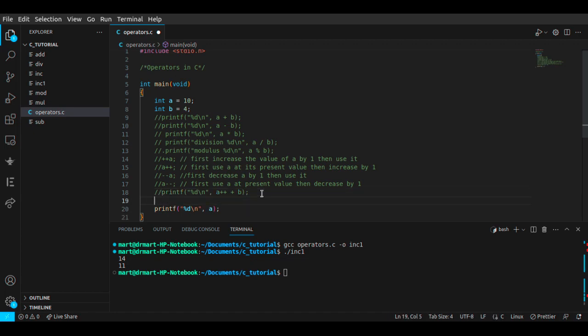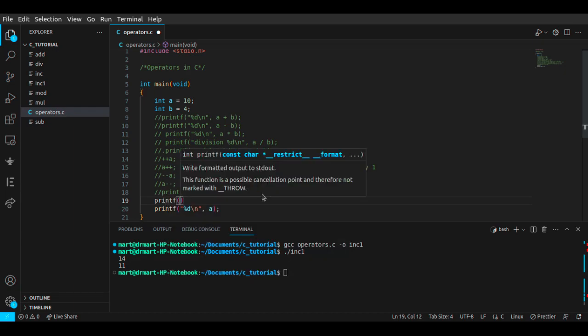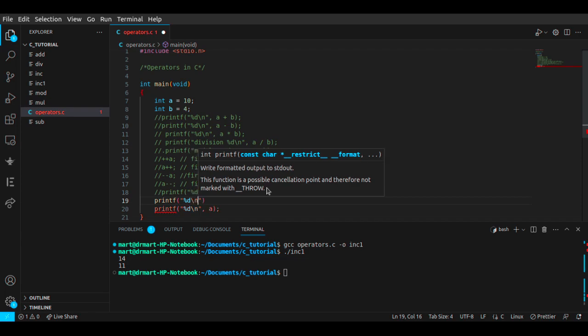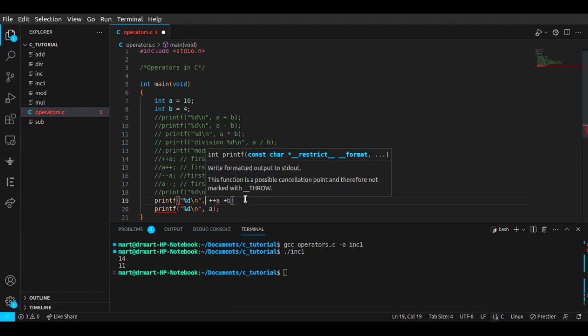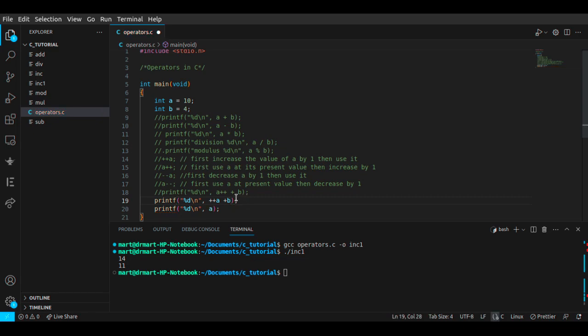Okay, so printf, still using %d, new line. So this time around, I want to do plus plus A plus B. Of course, we left out a comma and then a semicolon.